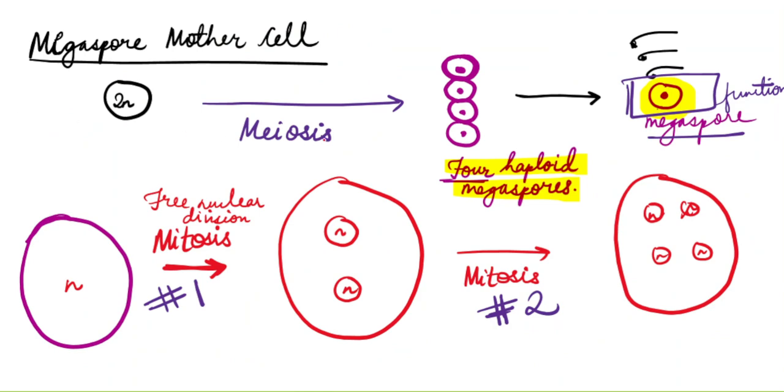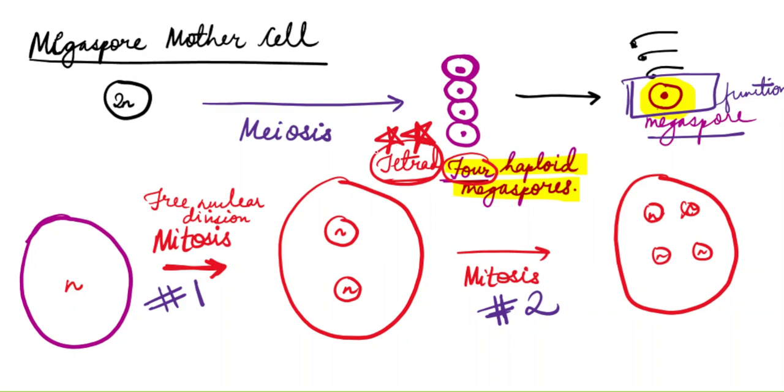Here you can also say, instead of saying four, tetrad. Yesterday when we were studying pollen grain development, microspores, there also I had told tetrad. You can write here tetrad, haploid megaspores, sorry. So you can say tetrad instead of writing the word four. You should remember this point also. So that's it.